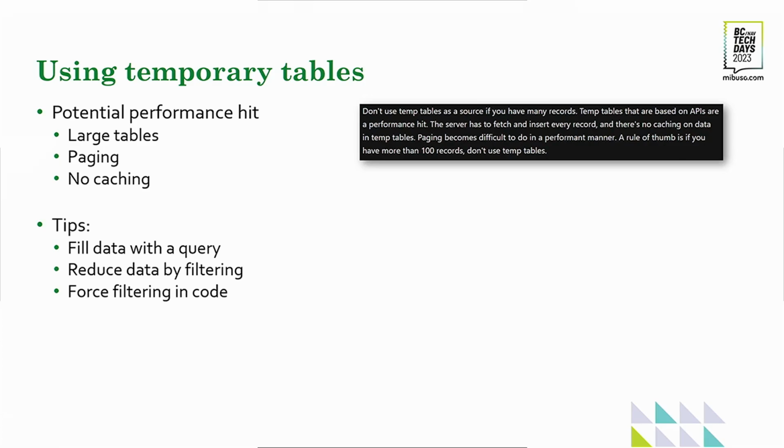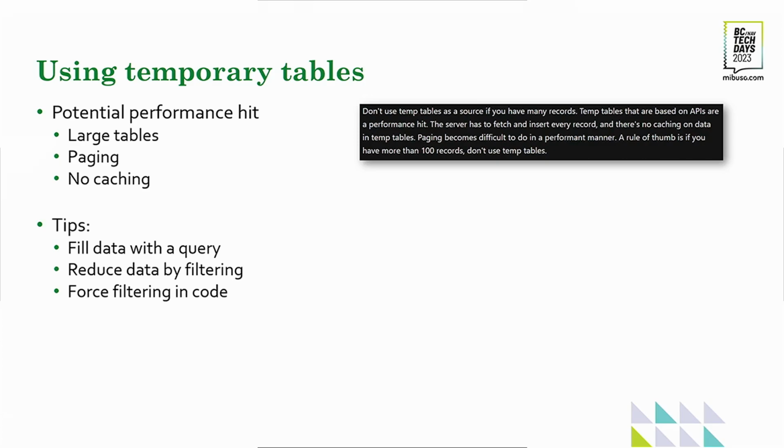If you try to do top number of records and skip, or better, you use server-driven paging with the OData next page link, so you say, give me the next 10 or 20 records, it always needs to load the full set of data into the temporary table. So what you can do is apply filters yourself.